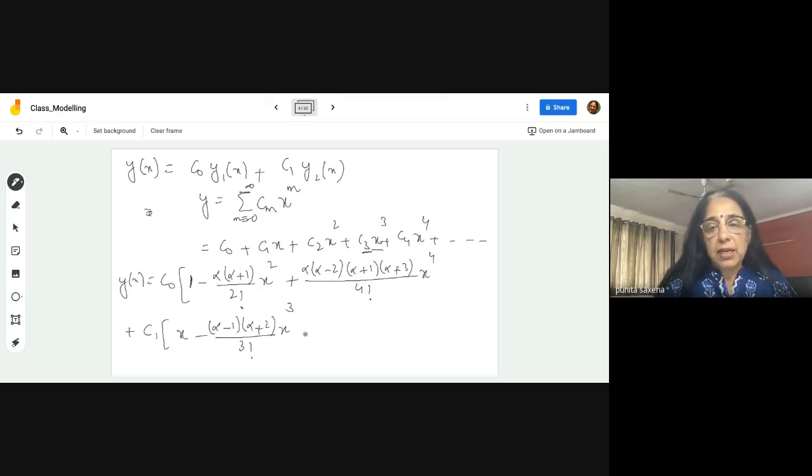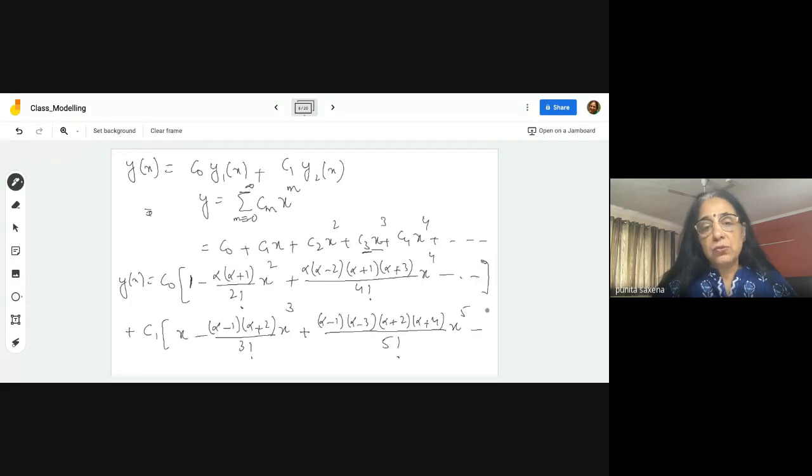Is this right? Similarly, x5 will now be again plus, but with C1. So it will be plus alpha minus 1, alpha minus 3, alpha plus 2, alpha plus 4 upon 5 factorial x to the power 5. Similarly, x6, C6 and C7, and so on and so forth. So this will be the infinite series with C0, and this will be the infinite series with C1.